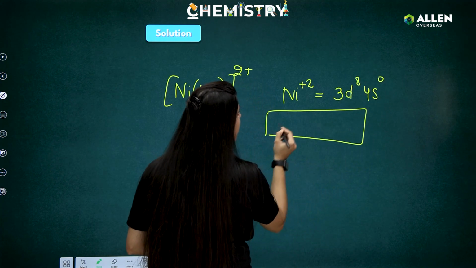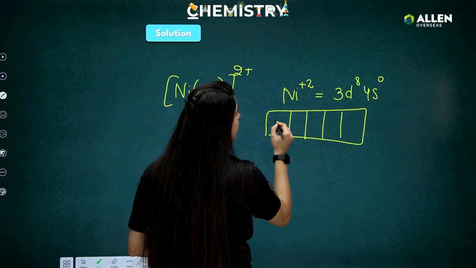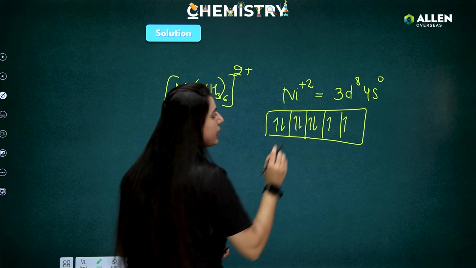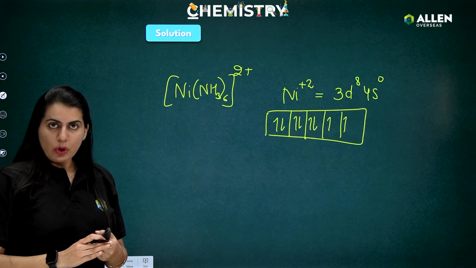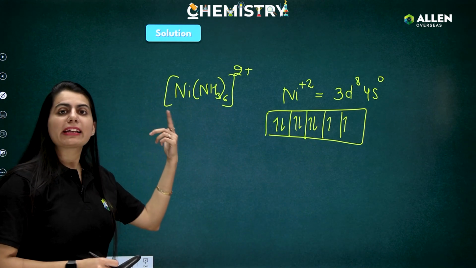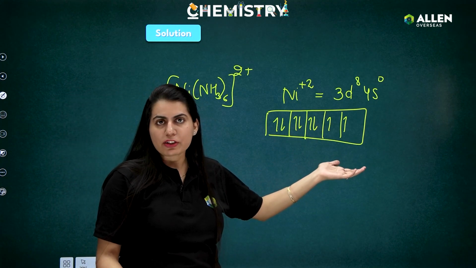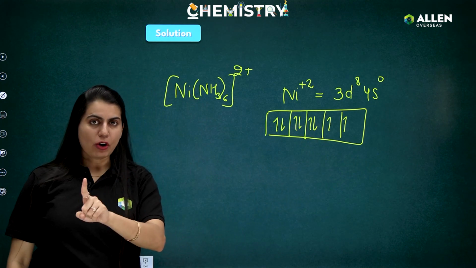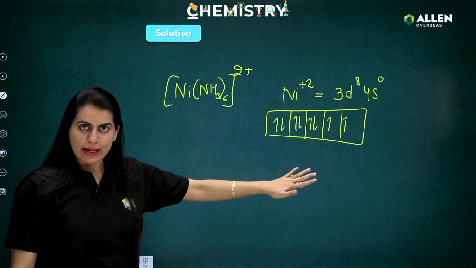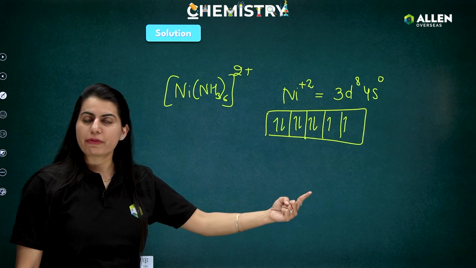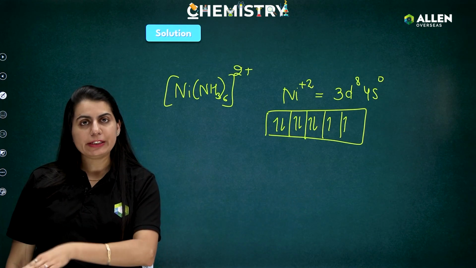So if I fill all these 8 electrons, it will be 1, 2, 3, 4, 5, 6, 7, 8. Now, we all know that if you need to make d2sp3, you need to have actually 2 inner d orbitals empty, which is not the case here. So obviously in such cases, the outer complex will be preferred and you will get sp3d2.